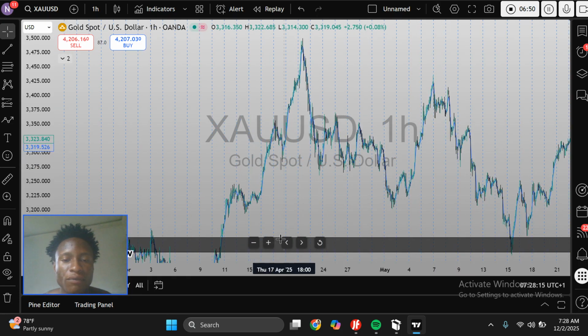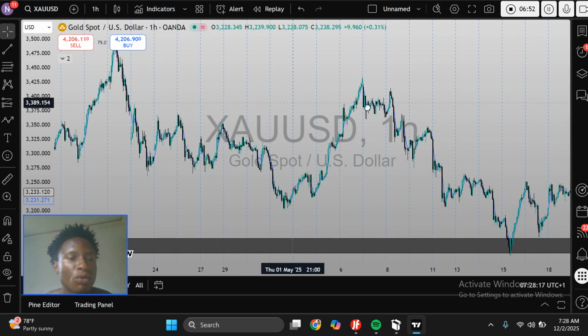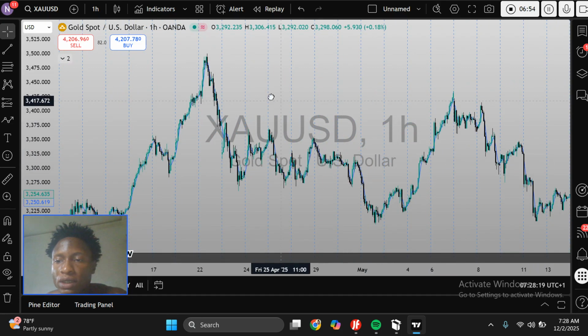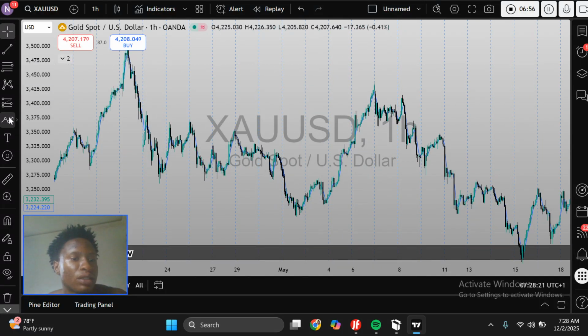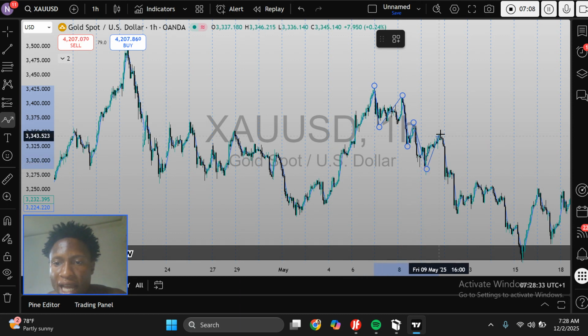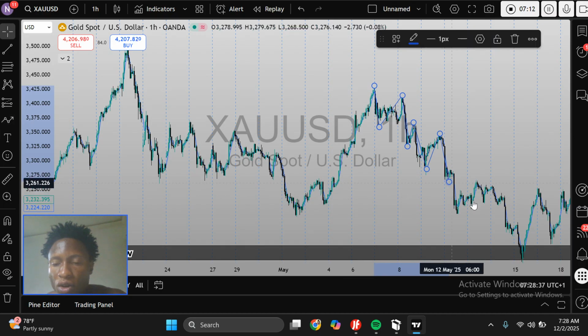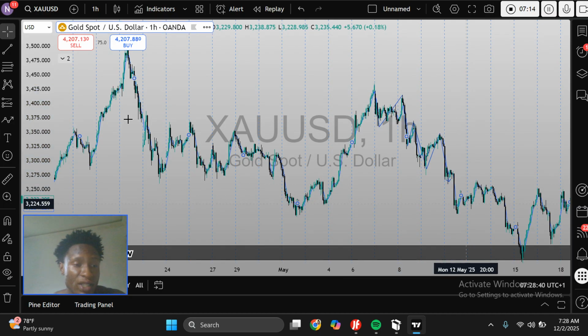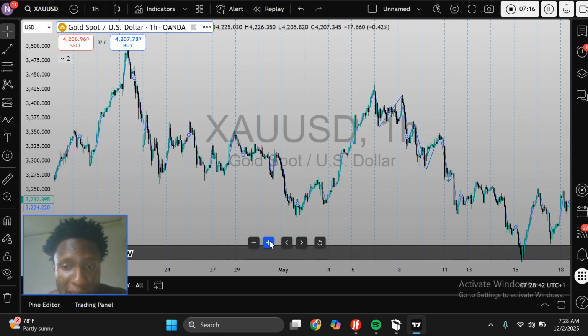All right, let's use this one. If you guys can see, we have a higher low, then a lower low, a higher low, then a lower low, a higher low, then a lower low, all the way down.